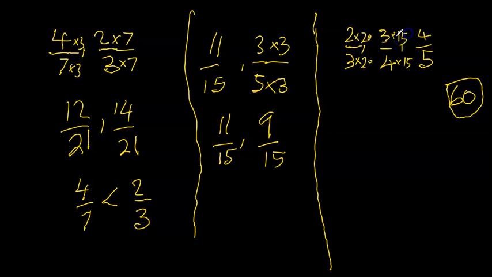Remember, whatever you do in the denominator, repeat it in the numerator, right? So that's for the second fraction. And then for the third fraction, how do I get to 60 from 5? By multiplying by 12 and multiplying by 12. So I can easily write that the common denominator is 60. You can write this, right? Even in addition and subtraction.